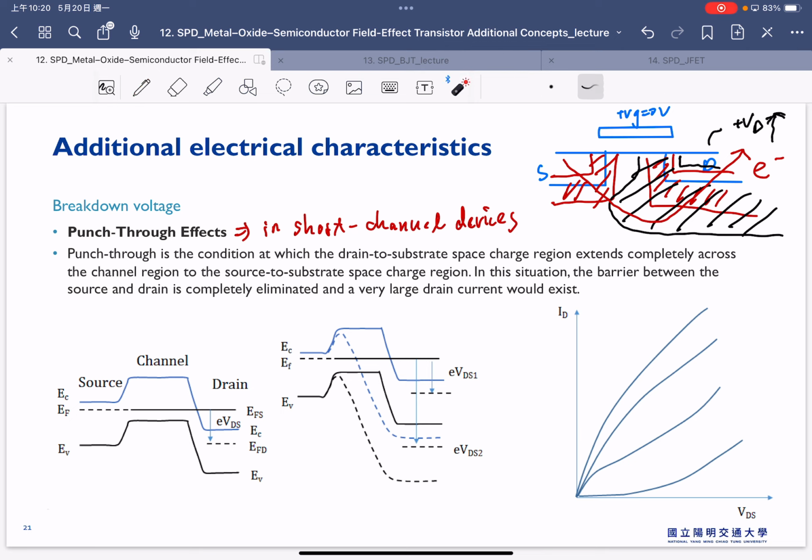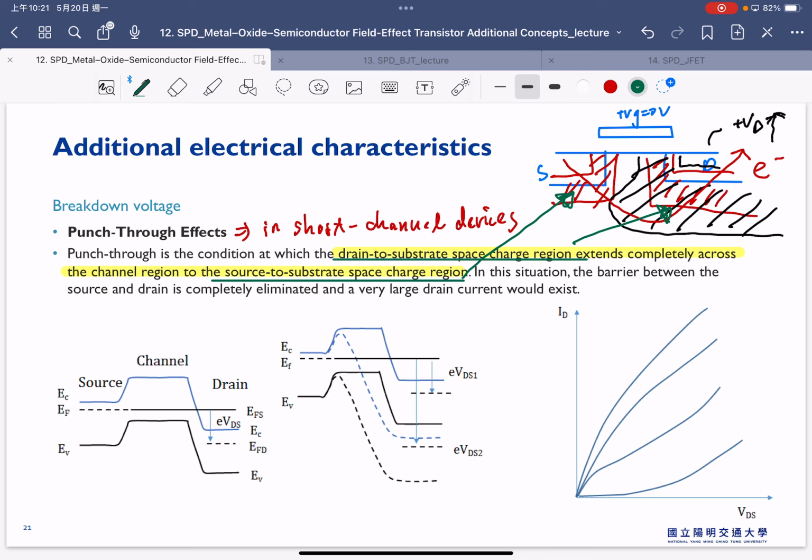So punch through is a condition in which the drain to substrate space charge region extends completely across the channel region to the source substrate space charge region here. What this text is talking about: the drain to substrate space charge region is here, and the source to substrate space charge region is here.